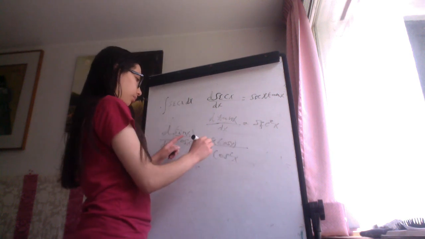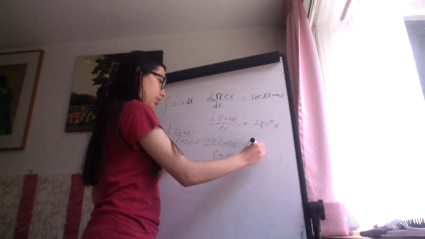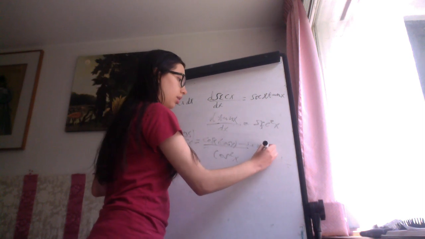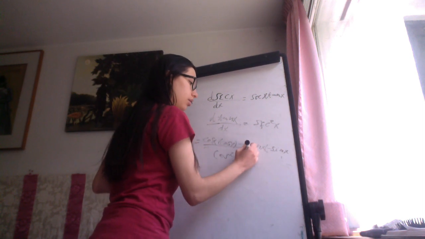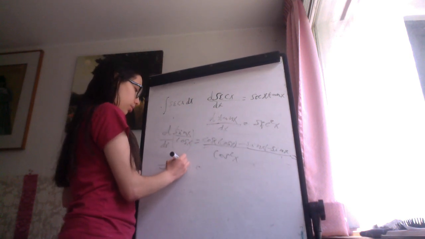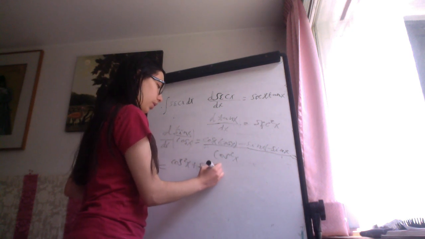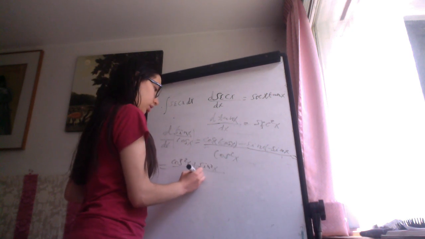and minus sine x times the derivative of cosine x, which is minus sine x. This is equal to square cosine of x plus square sine of x divided by cosine square x.